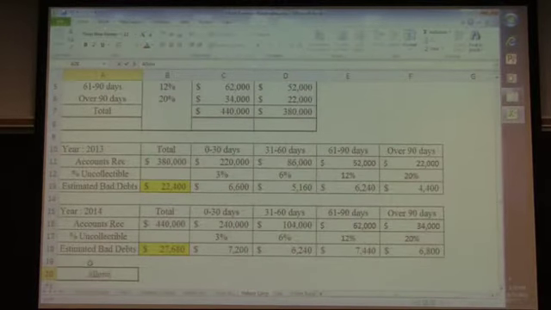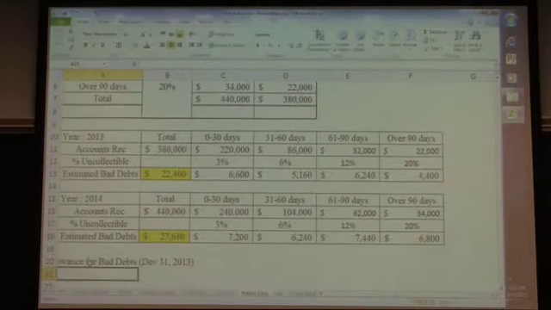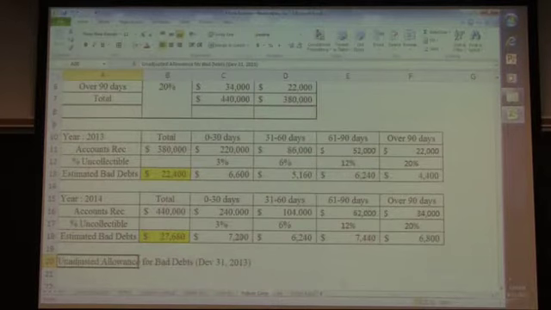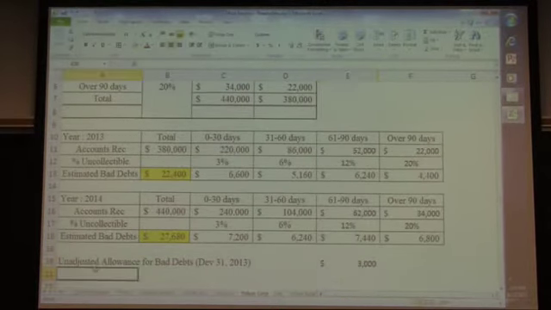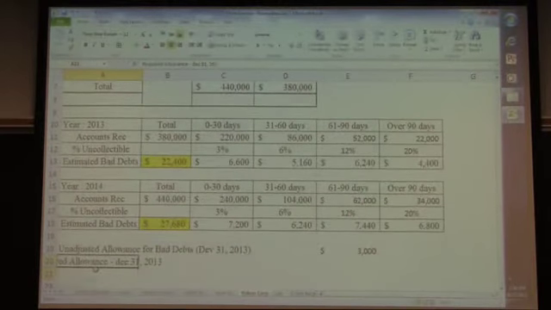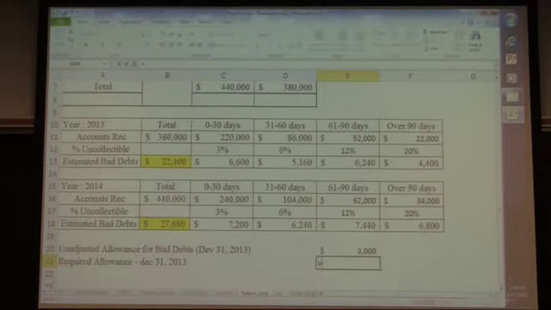So if we take a look at the unadjusted allowance, that's $3,000, and the required allowance you need to put in is $22,400.